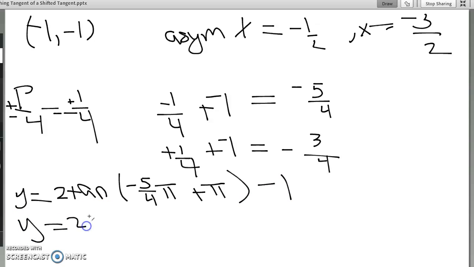So I get 2 tangent of negative pi over 4 when I add those together.